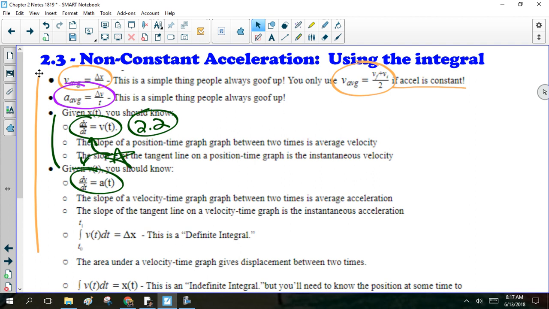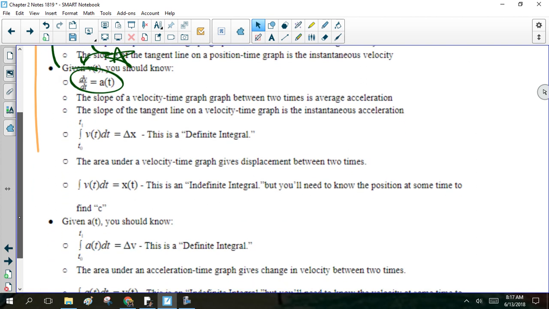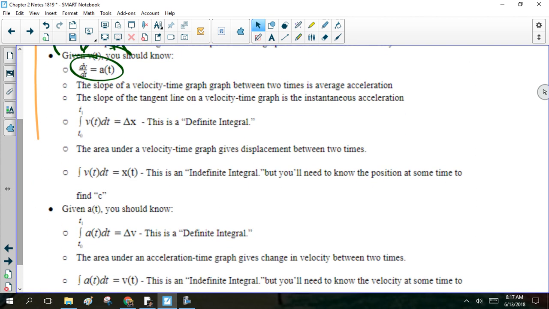And then down here at the bottom, we start to get a little bit into the integrals. In the same way that the derivative of position is velocity, it turns out the integral of velocity is position. So remember, in video 2.2 and a half, I talked about the difference between definite and indefinite integrals.